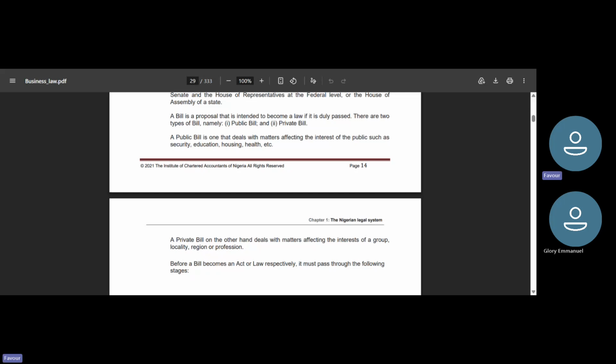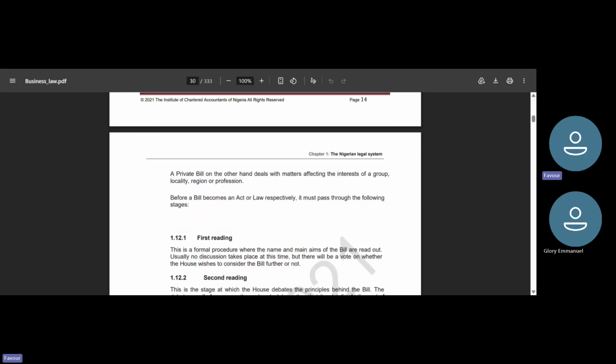So you can say things like education and housing affect the entire public, so any bill that has to do with these subject matters is a public bill. But bills that affect, just for example, ASUU, that's professors or doctors, are private bills that affect the interest of a particular group of persons.